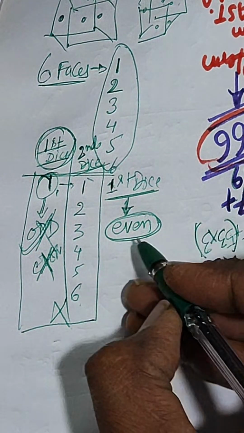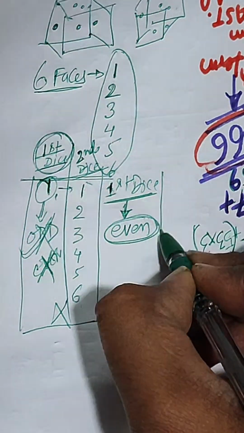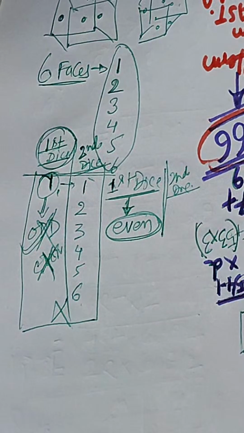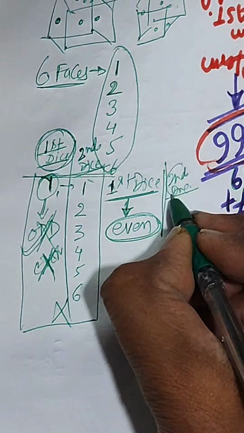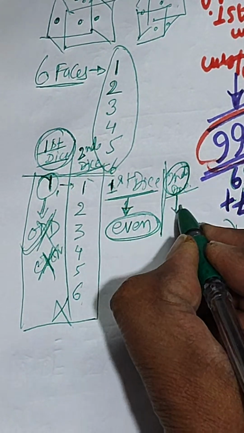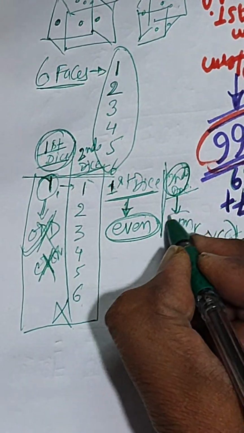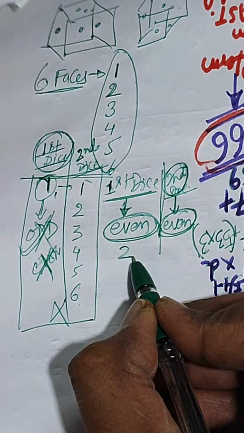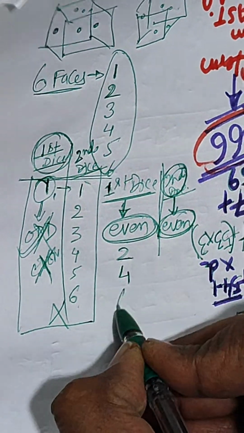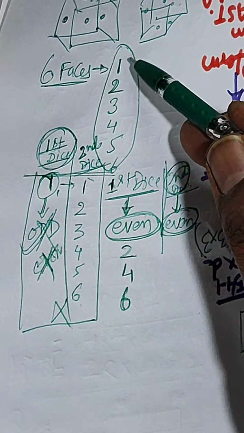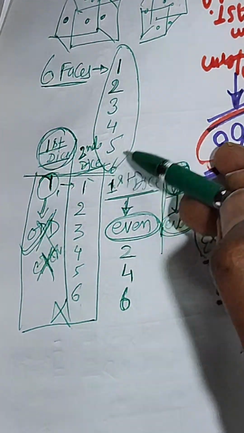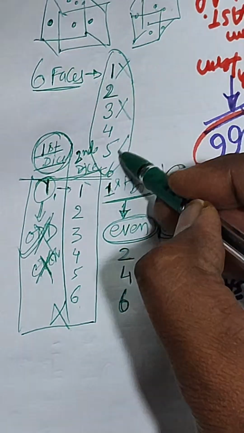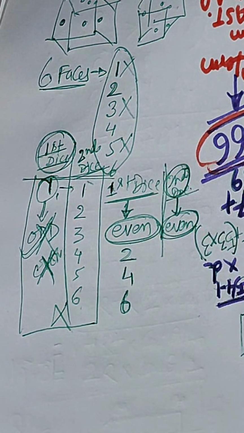So the first dice should be even and the second dice should also be even. So what are the even options in both the dice? The even options are 2, 4 and 6, isn't it? Out of this 1, 2, 3, 4, 5, 6, 1 can be struck out, 3 can be struck out, 5 can be struck out, being an odd number, right?